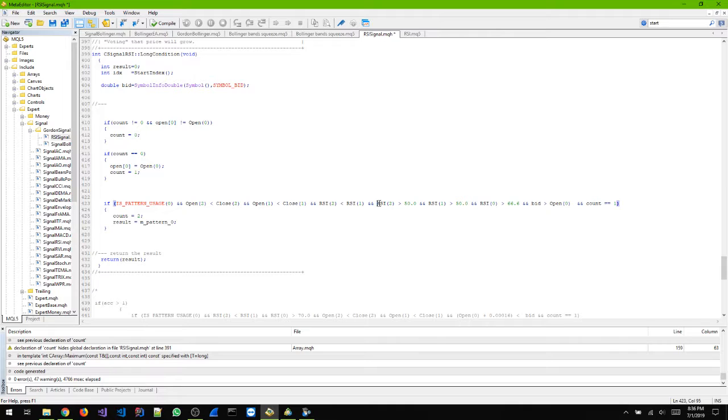And now here it checks this RSI value should be above 50, and this other RSI value should also be above 50, and then it checks the candlestick that we're going to open our trade in, which is 0, indicating the current candlestick should be above 66.6, indicating a good entry point to open a trade.